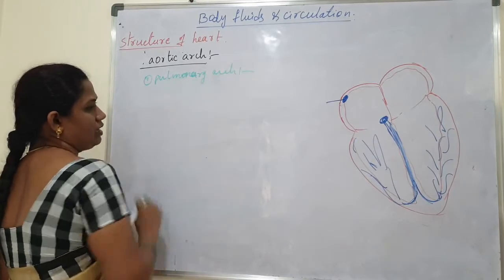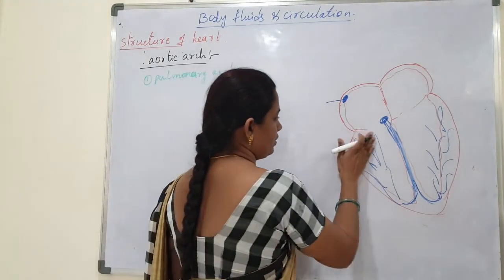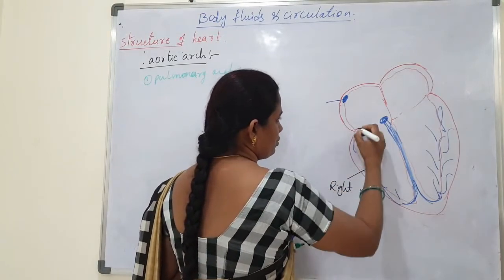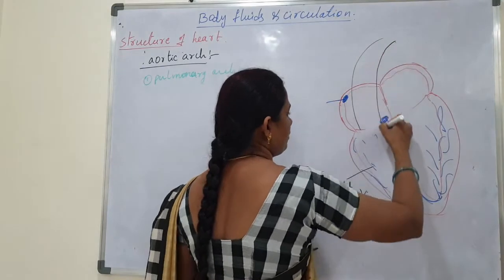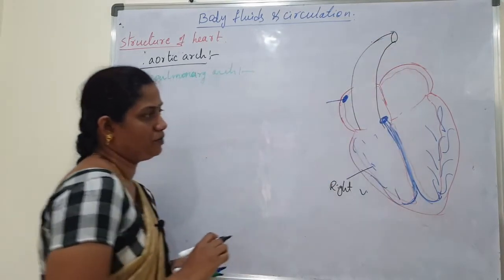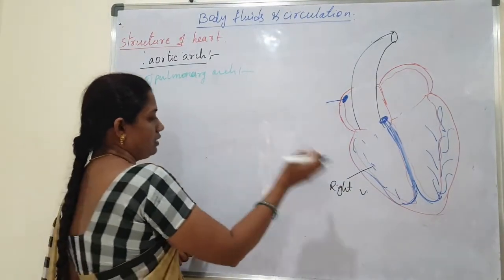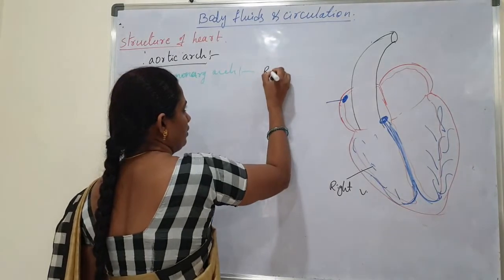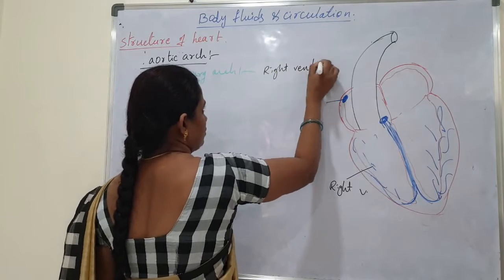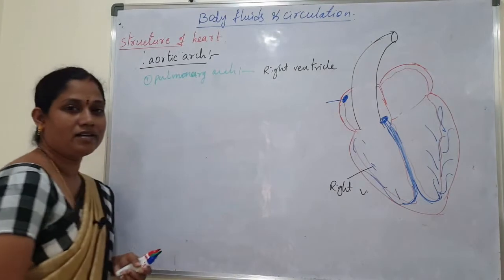Here this is the right ventricle, and the pulmonary arc is arising from the right ventricle.